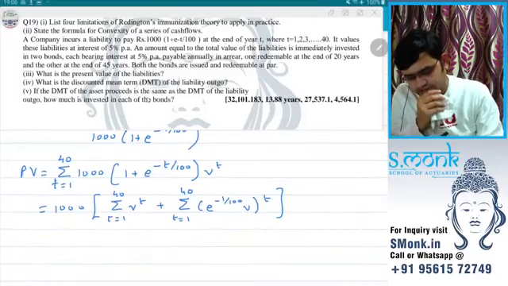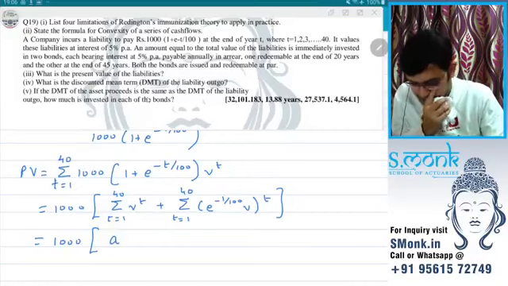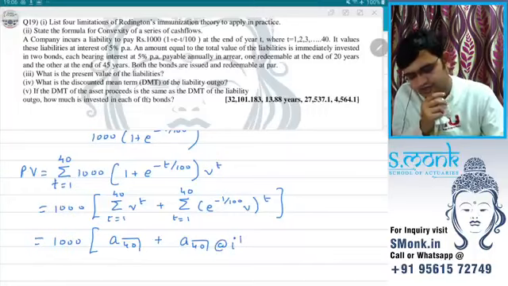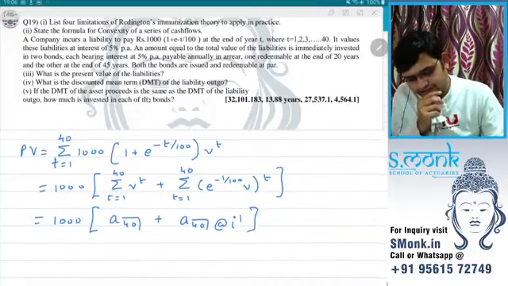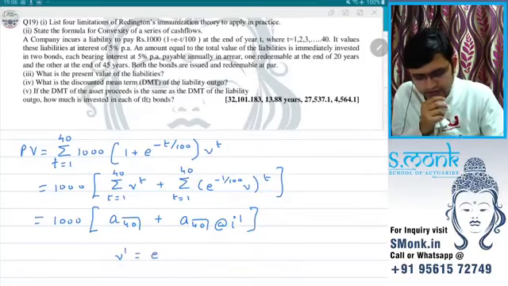So this is also an annuity in arrears for 40 years, but at the rate of i dash. What is i dash? I'll say v dash will be equal to e raised to minus 1 by 100 times v.